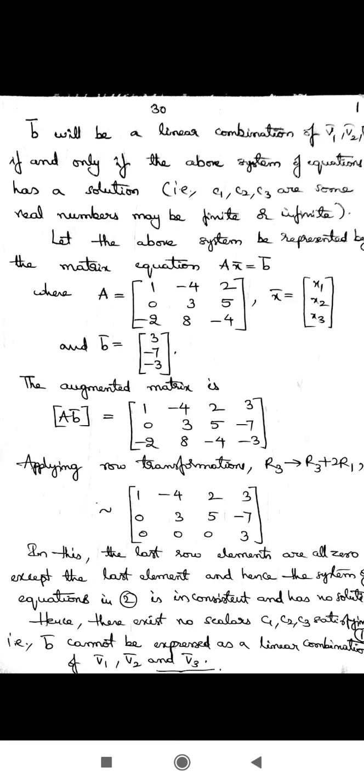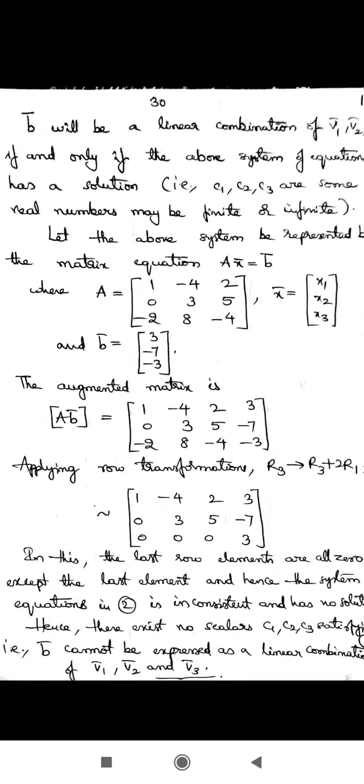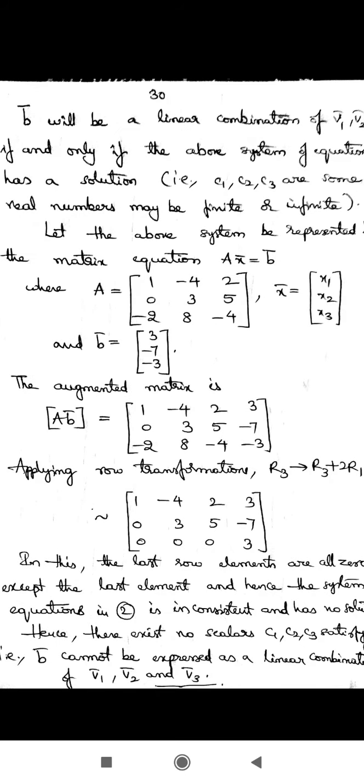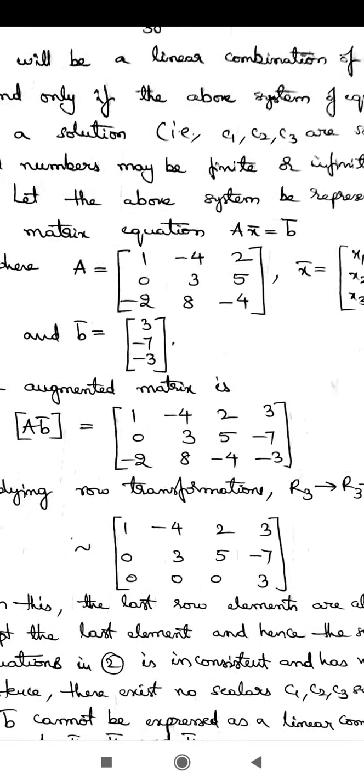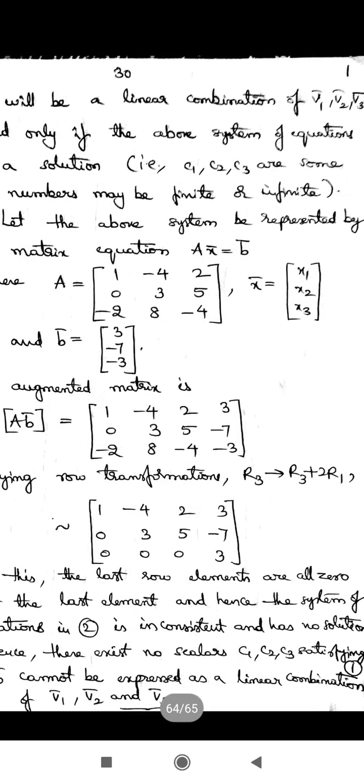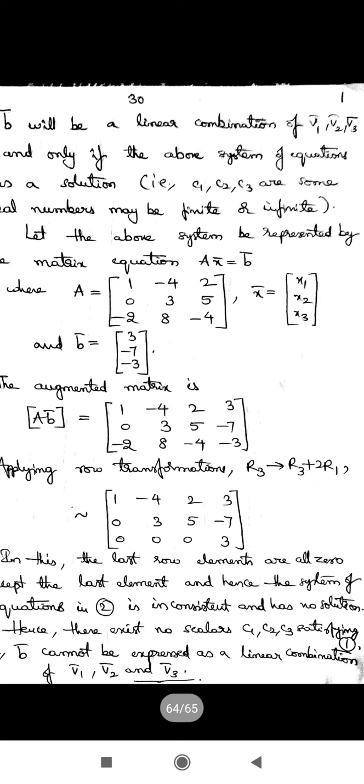But there is another option, where real values for c1, c2, c3 may not exist at all, which is when we say that the system is inconsistent and has no solution. So our aim is to see whether c1, c2, c3 are some numbers, finite or infinite, or do not exist at all.